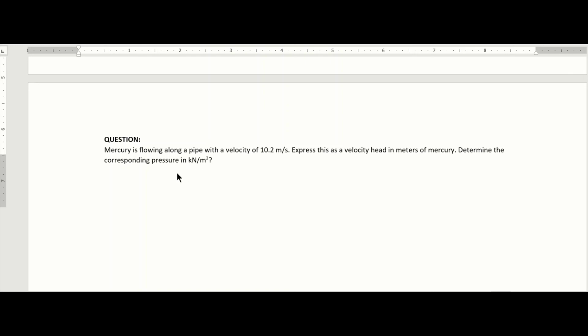So in this case now we're having mercury flowing in the fluid. So if you remember, the velocity head h is equal to v squared over 2g. This is the velocity head of the mercury. So therefore we can put in the values.